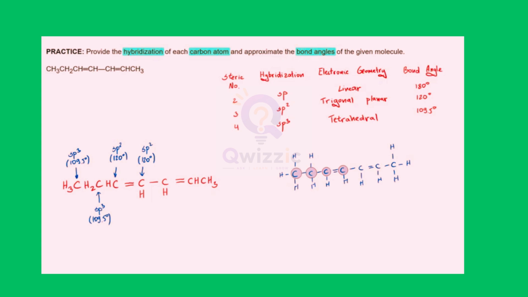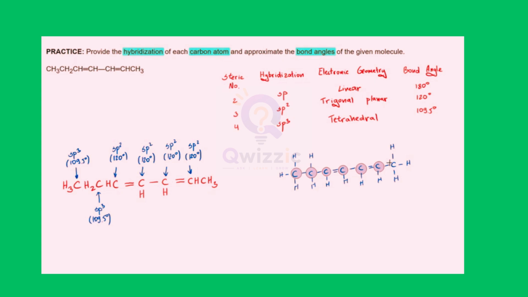So it has 3 electron regions, meaning we once again have sp2 hybridization with a bond angle of 120 degrees. The next carbon is also double bonded, so it has 3 electron regions, 1 double bond and 2 single bonds. So it is also sp2 hybridized with a bond angle of 120 degrees.